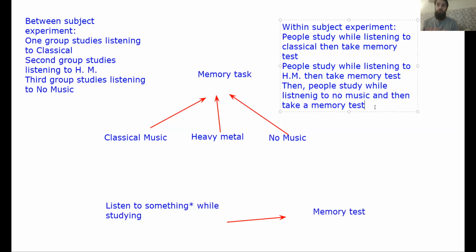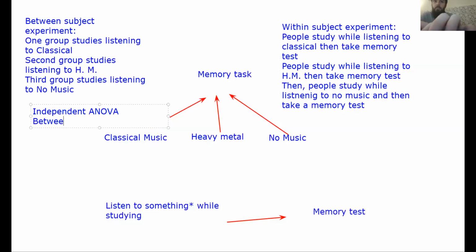So with ANOVA, if the design of the experiment is between subject, like this description, each person is randomly assigned to one condition of the independent variable. That is an independent ANOVA, aka between subjects ANOVA.